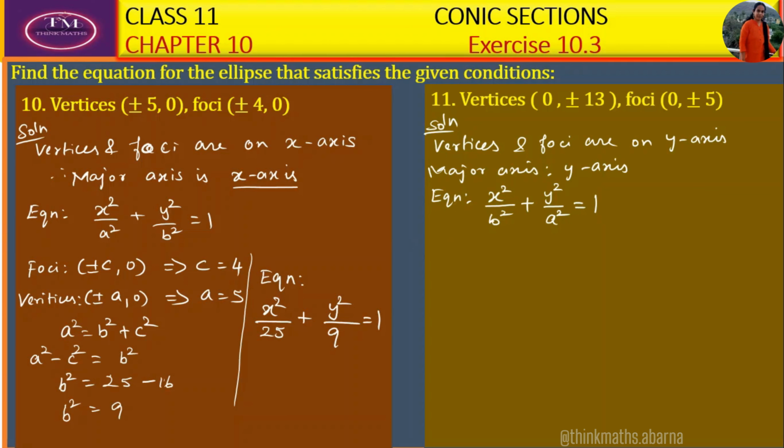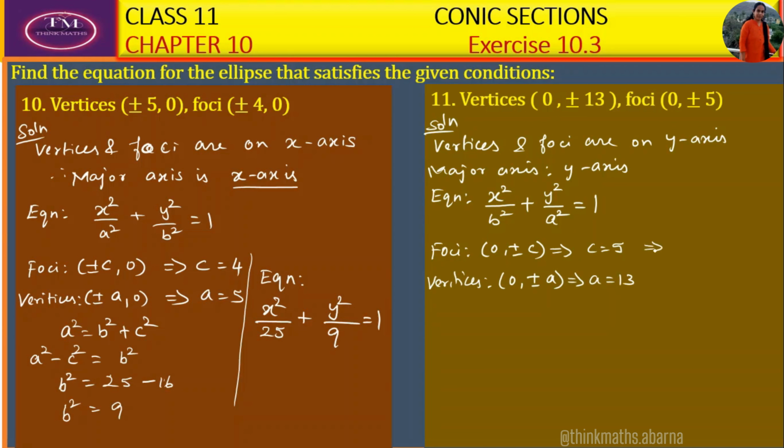So, now for this equation, what are the foci? Foci are 0, comma plus or minus c. So, comparing with the given foci, we get c is equal to 5, and vertices will be 0, comma plus or minus a. So comparing with the given vertices, we get a is equal to 13.